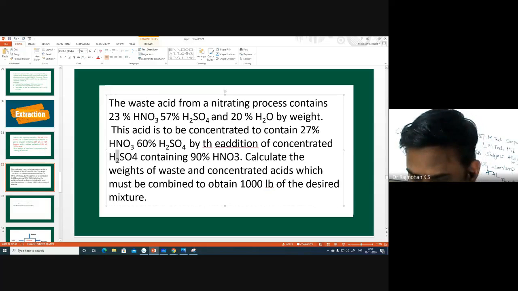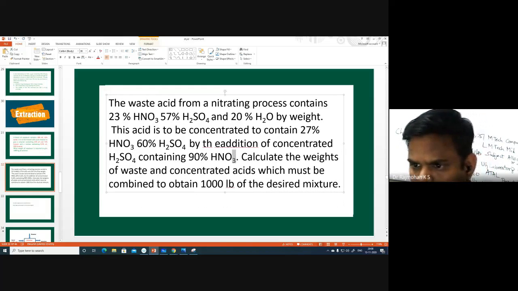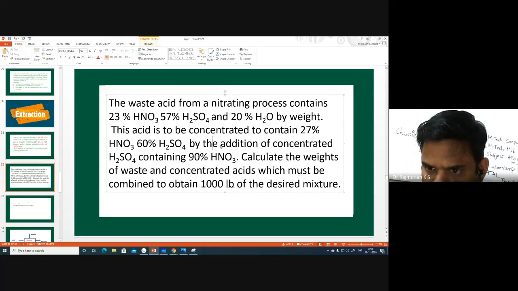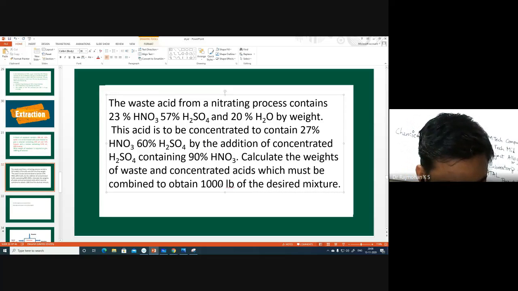Okay, this is a mixing problem where we do blending. Different composition material liquid solutions are mixed. So this is a very simple material balance problem. We should be able to solve it. Okay, so we have a nitrating process.